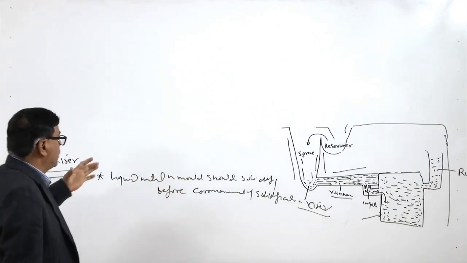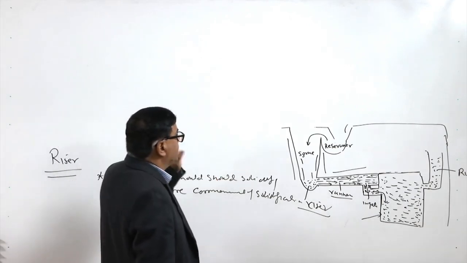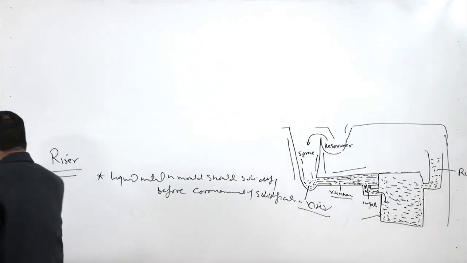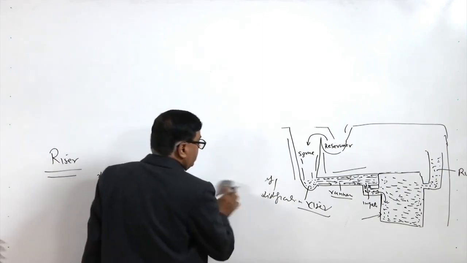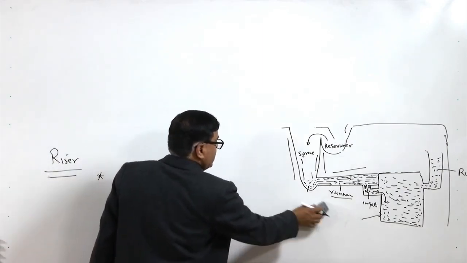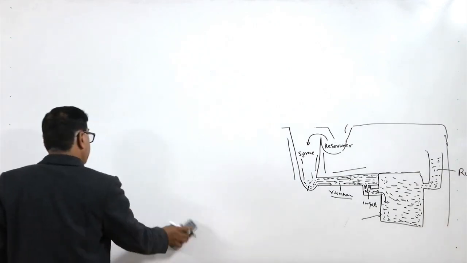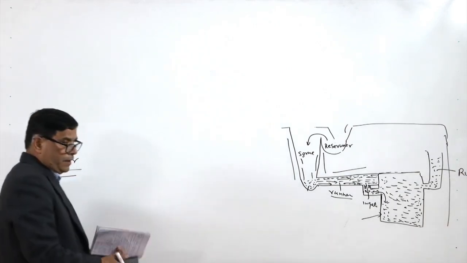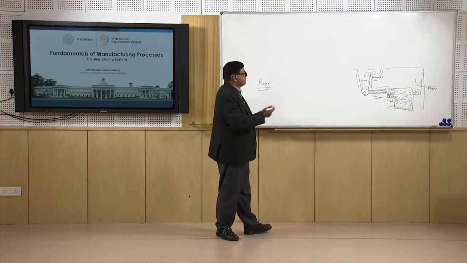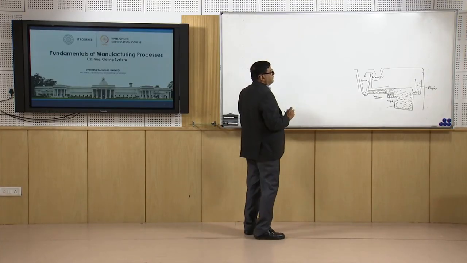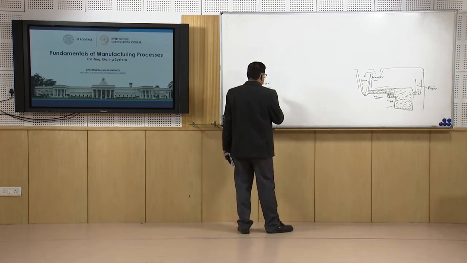Before that, the solidification should be completed in the mold, so that whatever is the deficit amount of metal desired on account of the shrinkage related with the liquid to solid state transformation, that can be effectively met with the riser.